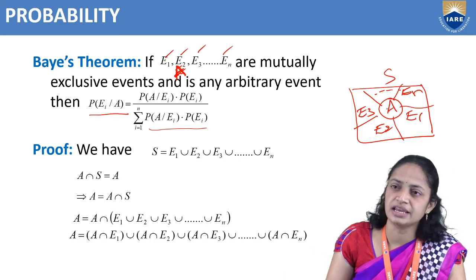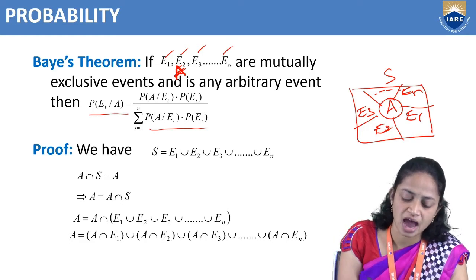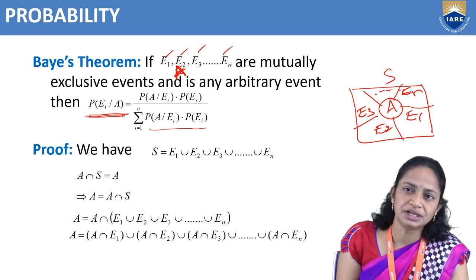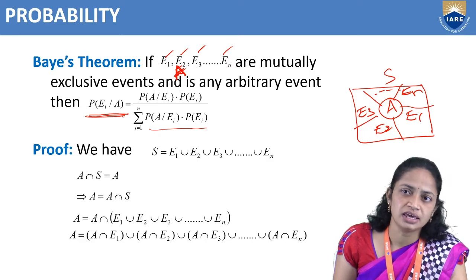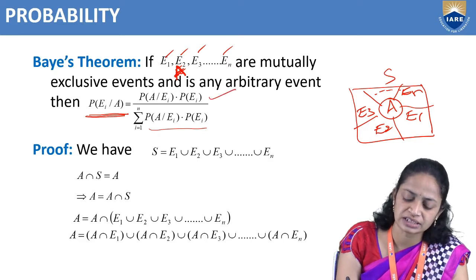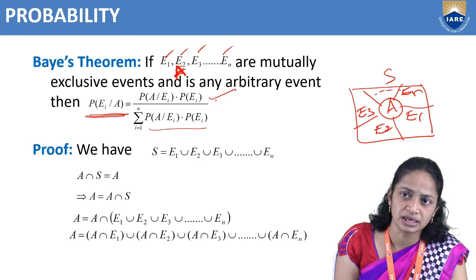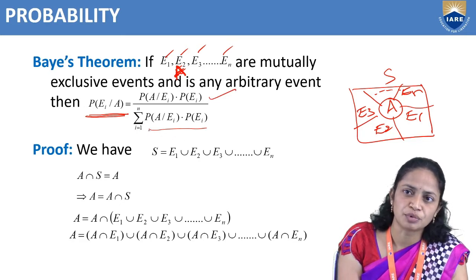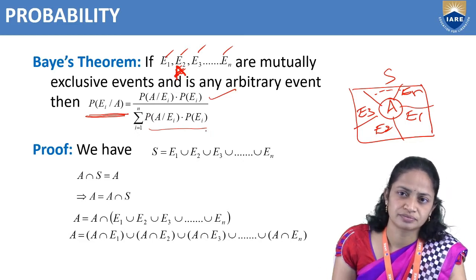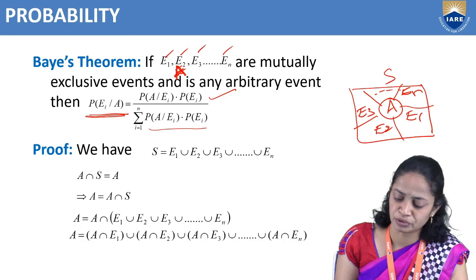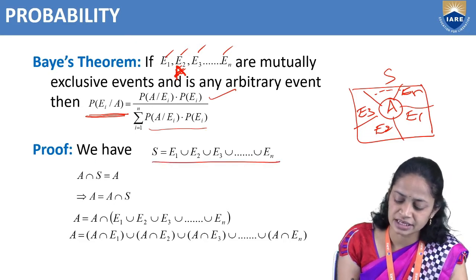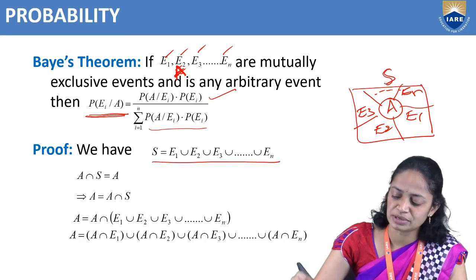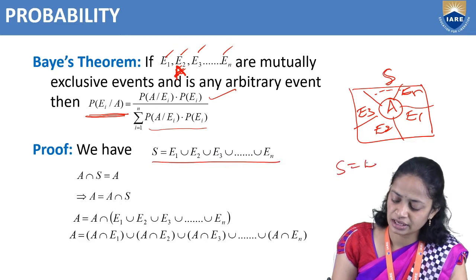A is any arbitrary event. Then we have to prove that probability of Ei given A equals probability of A given Ei into P of Ei, divided by summation i equal to 1 to n probability of A given Ei into P of Ei.